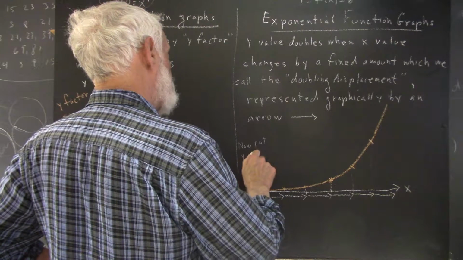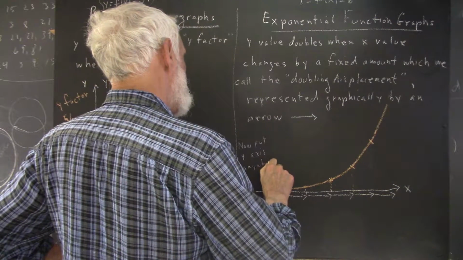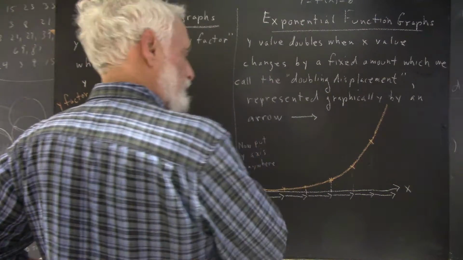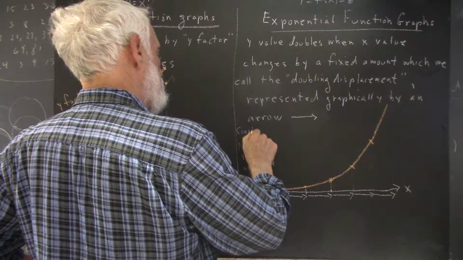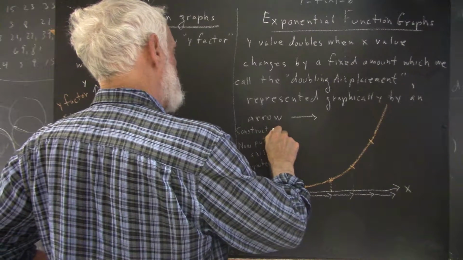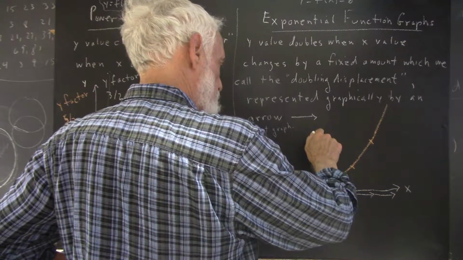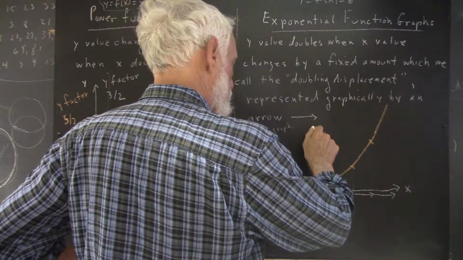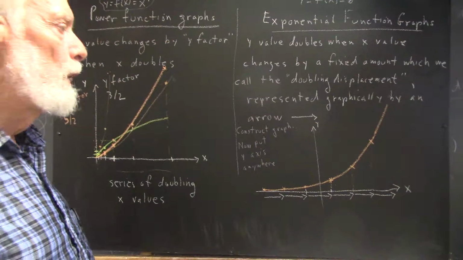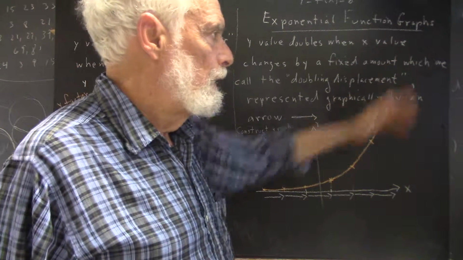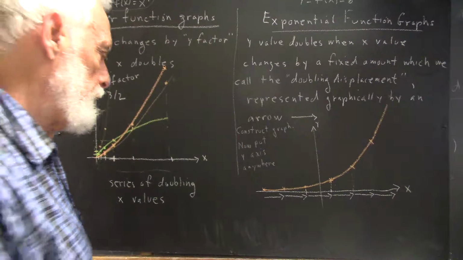So we construct the graph, then we put the y-axis anywhere. I'm going to put it, oh what the heck, right here. It doesn't matter where I put the y-axis. This graph now represents any exponential function.